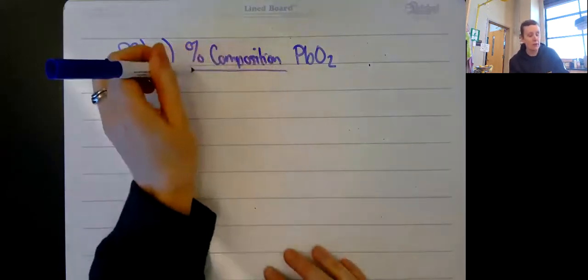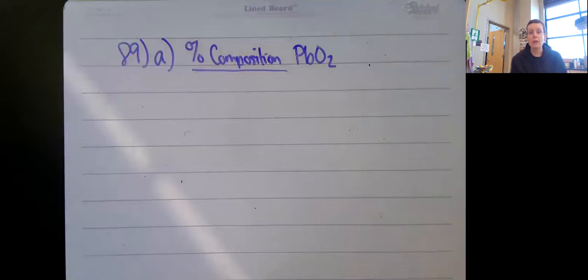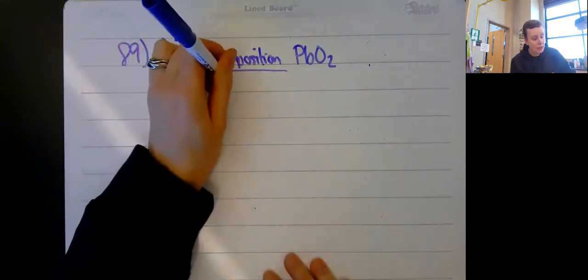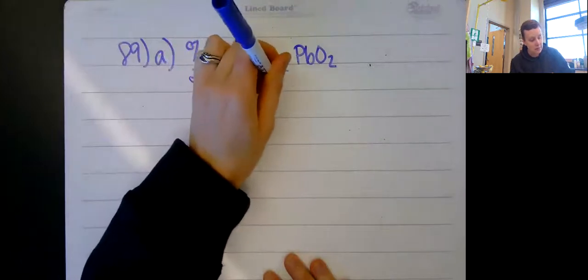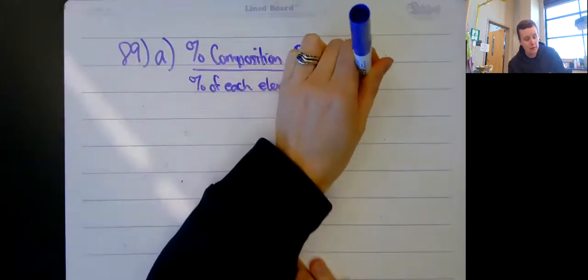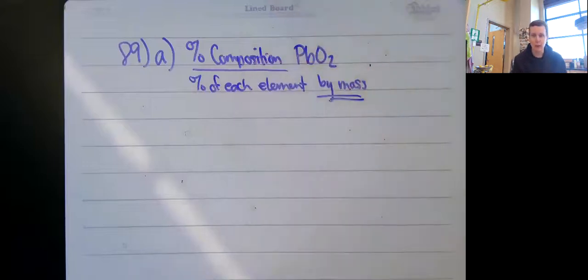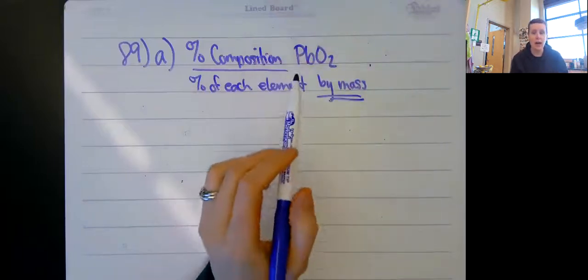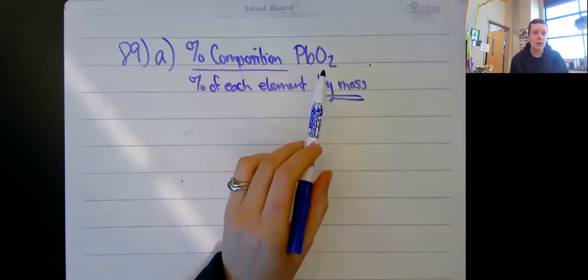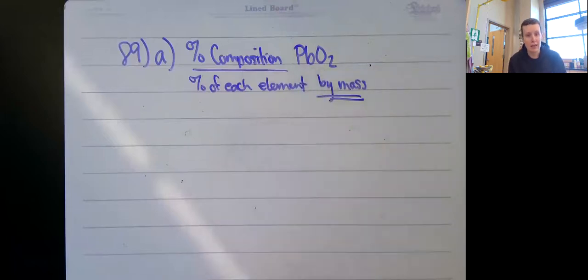Well, when you are looking for percent composition, what that really means is the percent of each element by mass. Remember, that's key. It has to be by mass. This is not 33% lead and 66% oxygen. It's a 1-to-2 ratio of atoms, but not of mass. Okay, so you have to do the calculation based on mass.